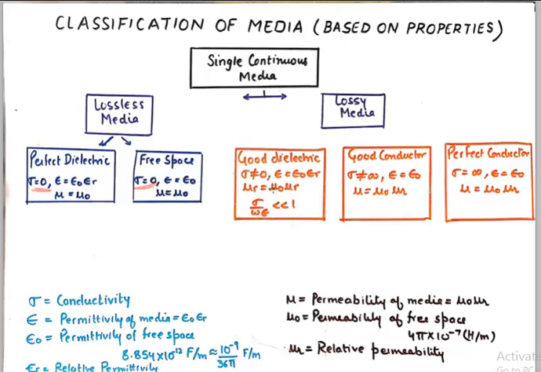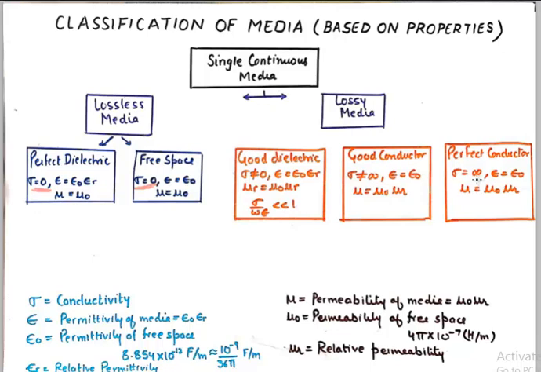For lossy media, the conductivity will be non-zero, and at some point it will be infinity. For example, for perfect conductors, the conductivity is infinity. If infinite conductivity is there, the wave will have complete freedom to move along on that media, but that complete freedom will also result in a lot of losses.